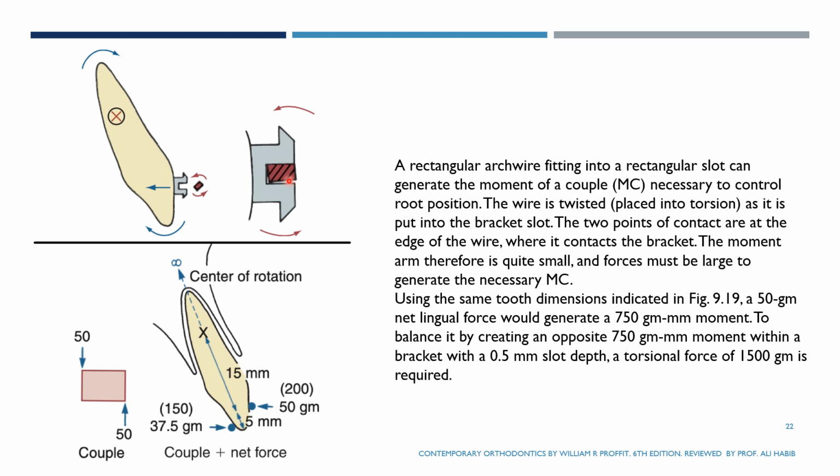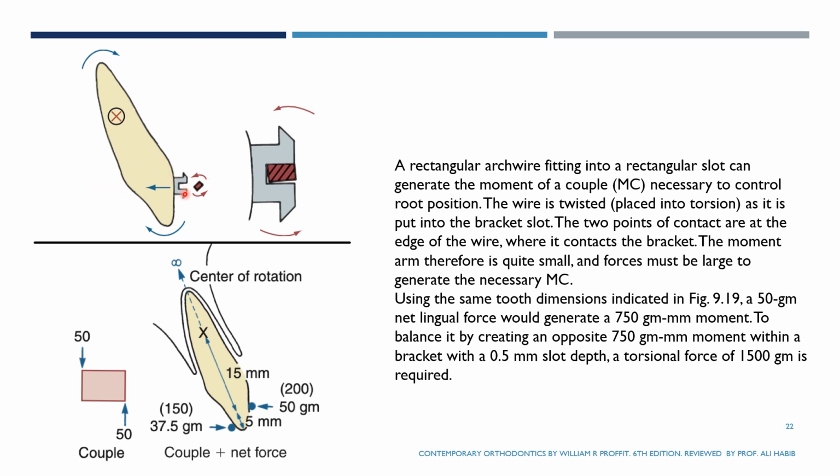So the couple, when it's generated, will create a moment, the moment of the couple, or we call it counteracting moment, that will try to resist the tipping by applying lingual moment, which is in counterclockwise direction, and then we expect to have bodily movement.